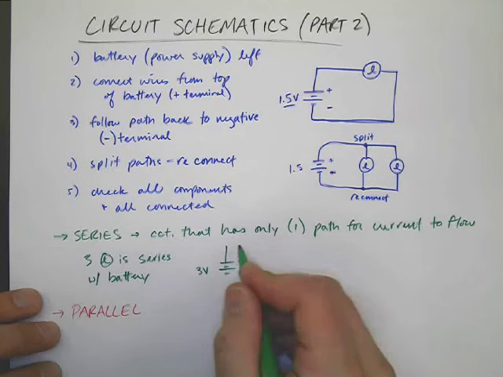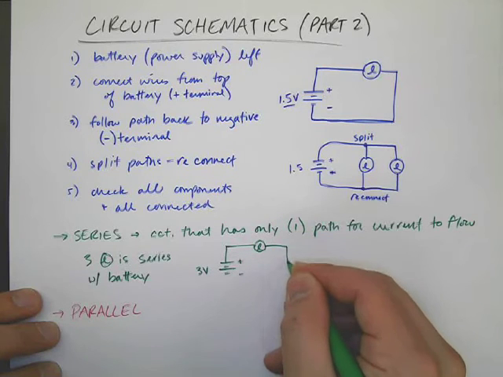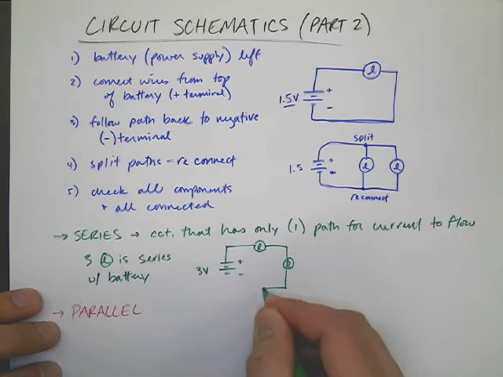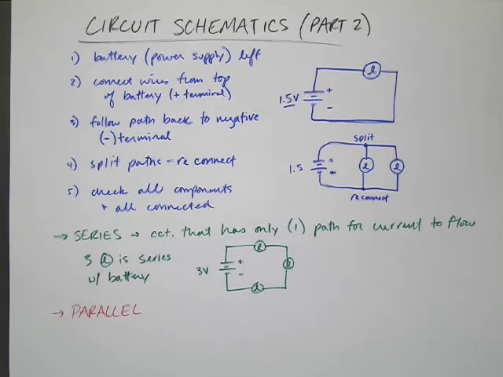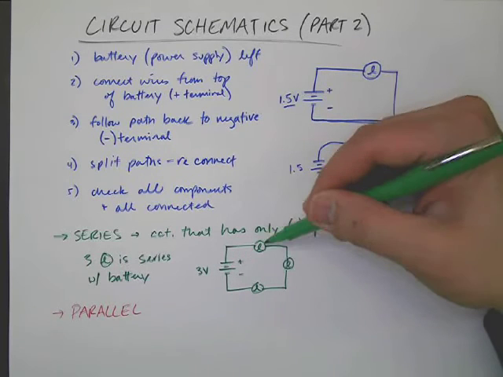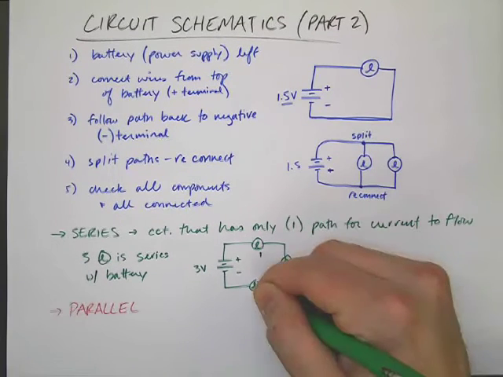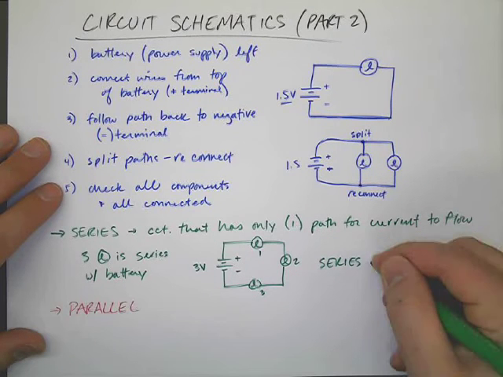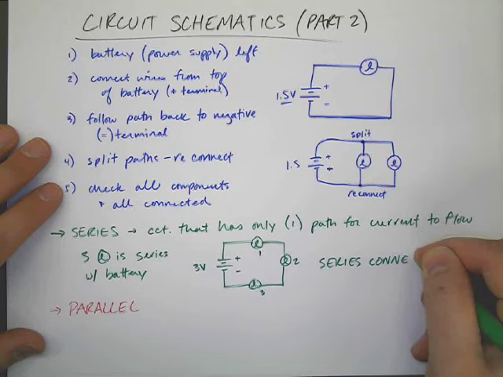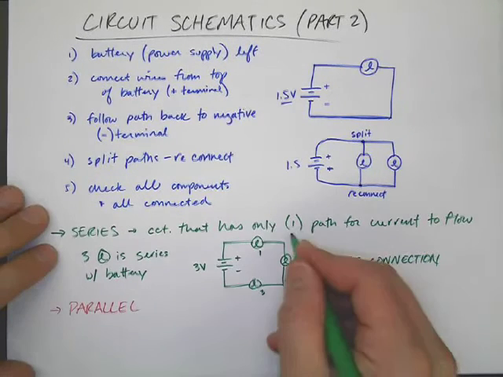I'm going to come out of the battery, go into one light bulb, and then along the same path, go into my second light bulb, and then along the same path, go into my third light bulb. So notice there's only one path through 1, through 2, through 3. Light bulb 1, light bulb 2, light bulb 3. So this is a series connection. Okay, one path for the current to flow.